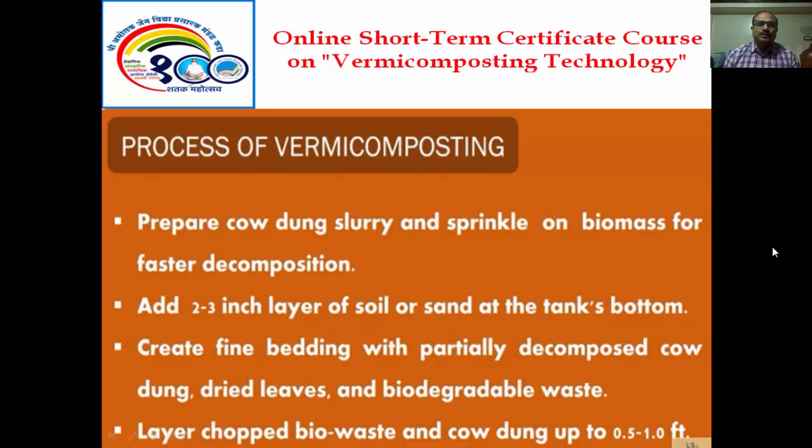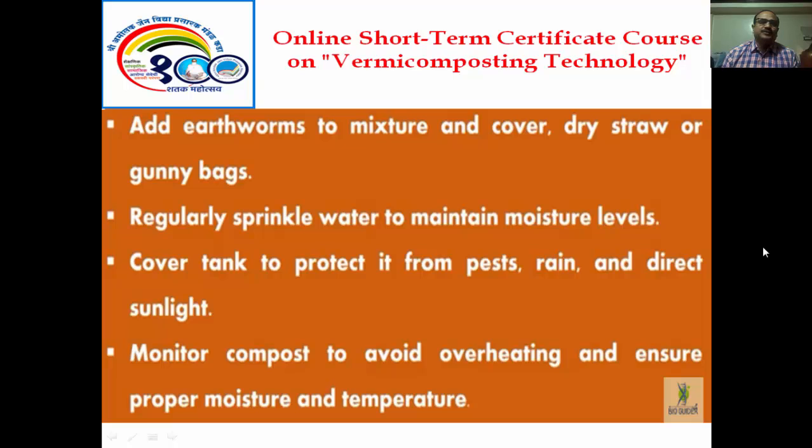Add a 2 to 3-inch layer of soil or sand at the tank bottom. Create fine bedding with partially decomposed cow dung, dried leaves, and biodegradable waste. Layer chopped bio-waste and cow dung up to 0.5 to 1 feet.